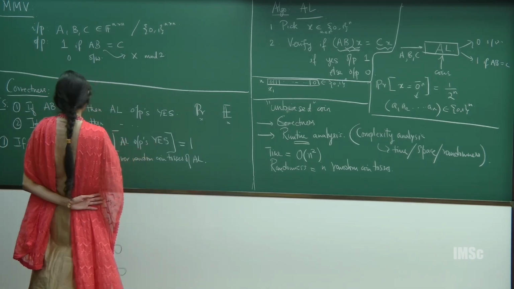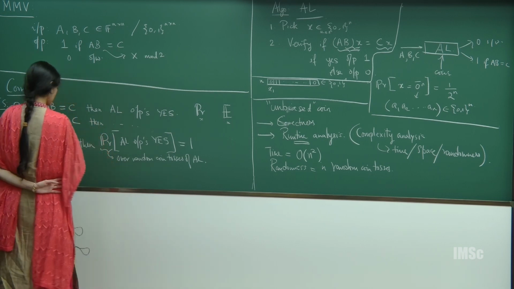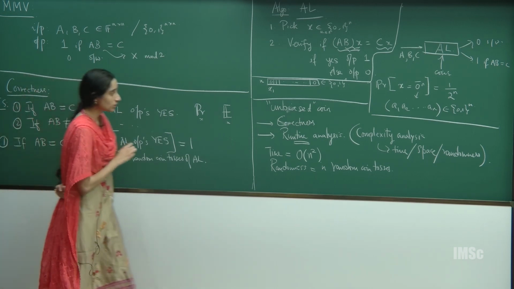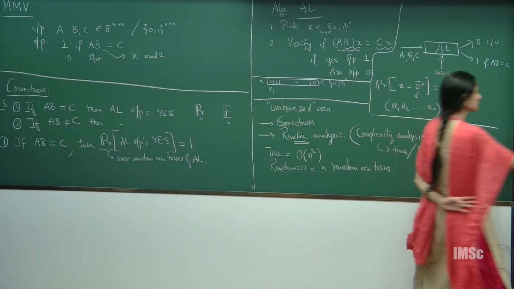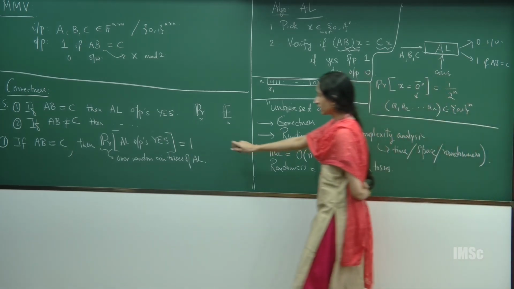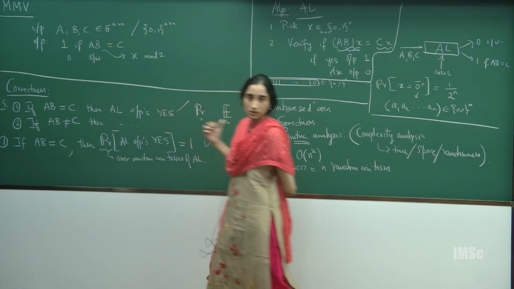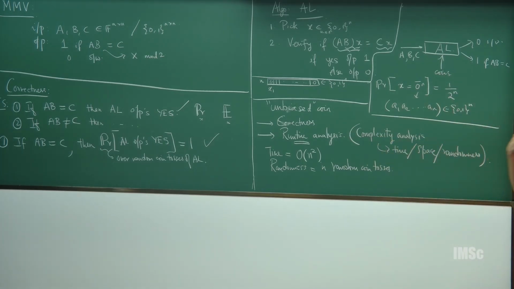But now when AB is not equal to C, there will be a problem. Okay. So what if AB is not equal to C? What can we say? Is that okay? I mean one direction. Otherwise we can do it again. Is it fine? So what if AB is not equal to C?